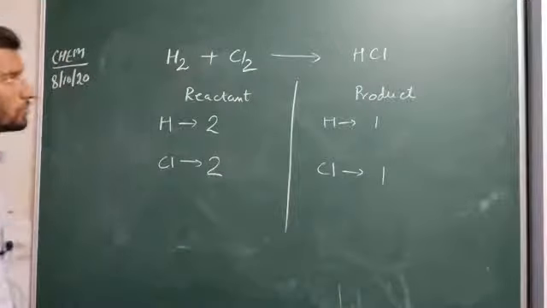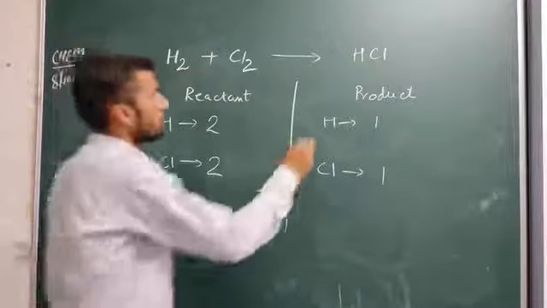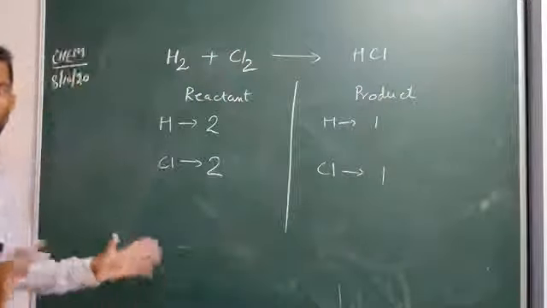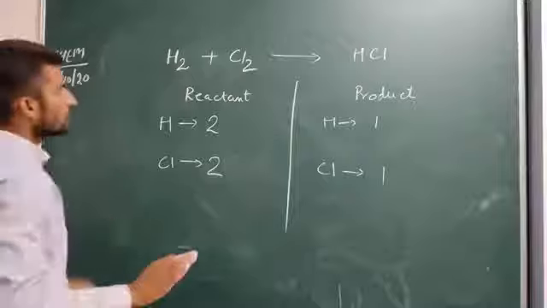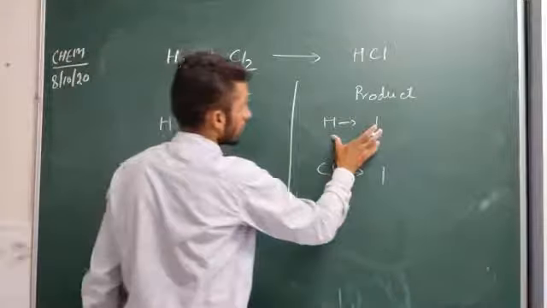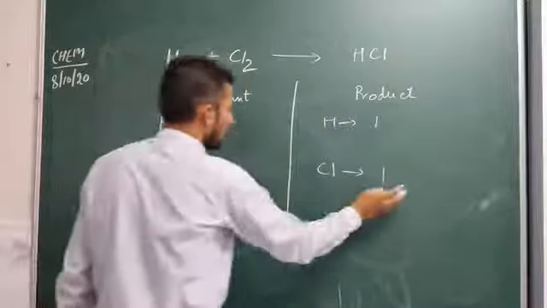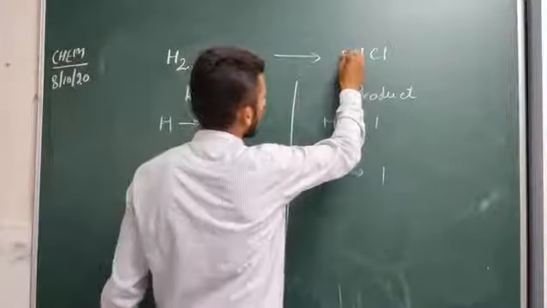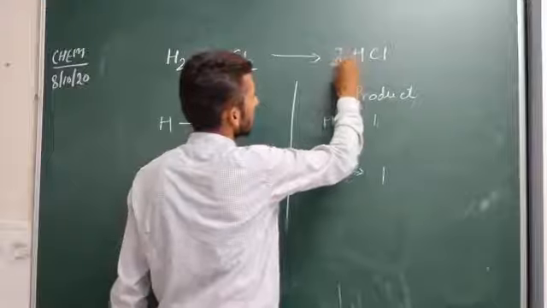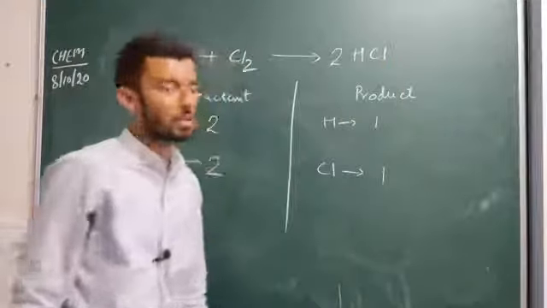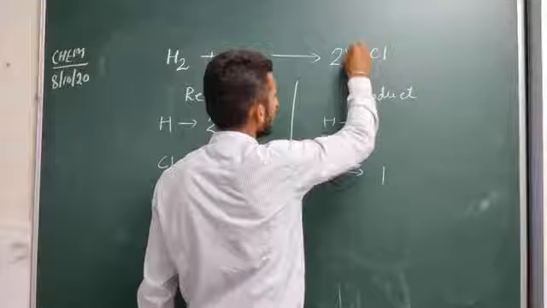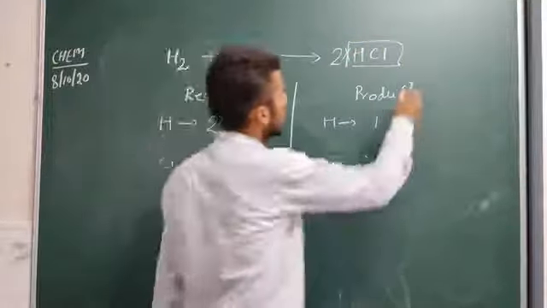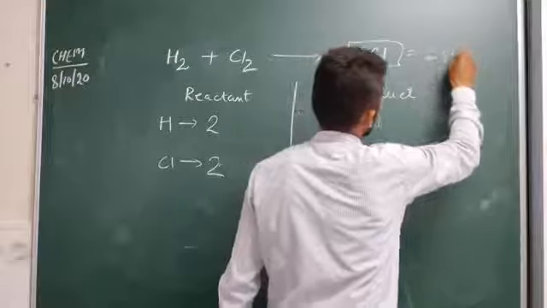Now what do you need to do? You need not change the formula. Here 1, here 2, here 1 and here 2. It means 2 hydrogens we need on this side and 2 chlorines we need on this side. So if I multiply this HCl by 2, it will become 2 HCl.